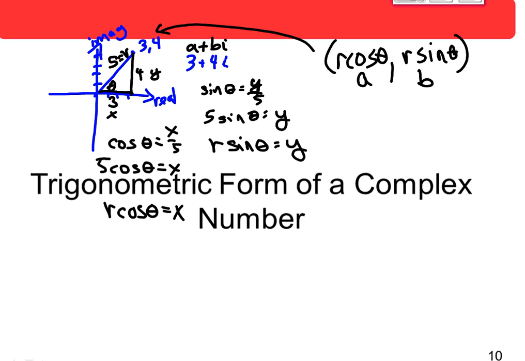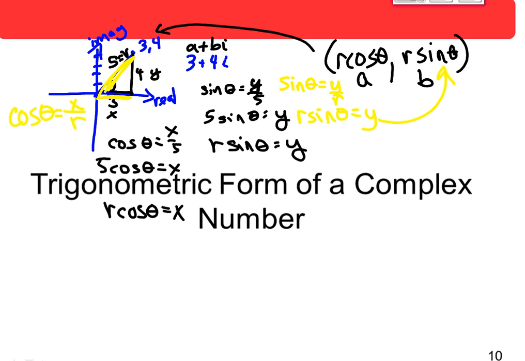And so we have our x value, our y value, and our r value. Then we know that the sine of theta is y over r. So I'm going to just rewrite that: the sine of theta is y over r, and so r sine theta is equal to y. And then likewise, the cosine of theta, just by the picture, is 3 over 5, or x over r.